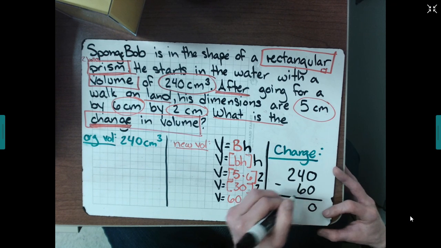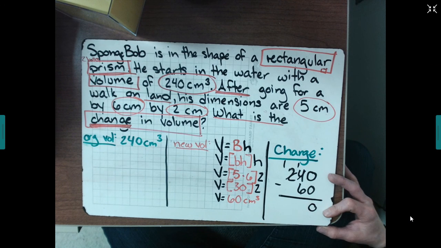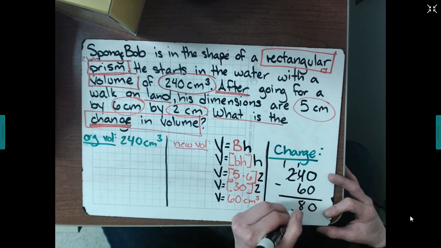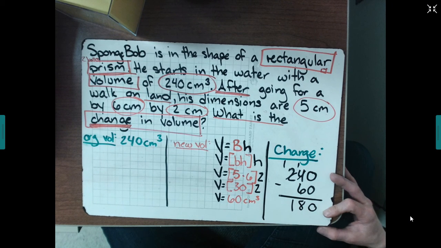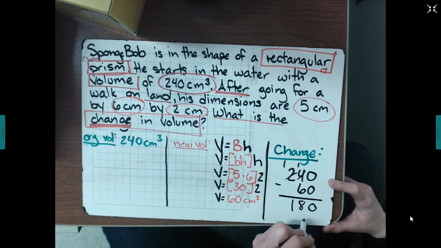Oh, 4 minus 6, can't do that, have to borrow. That 2 becomes a 1, my 4 becomes 14. 14 minus 6 is 8. 1 minus 0 is 1. Okay. So the amount of change is 180 cubic centimeters.